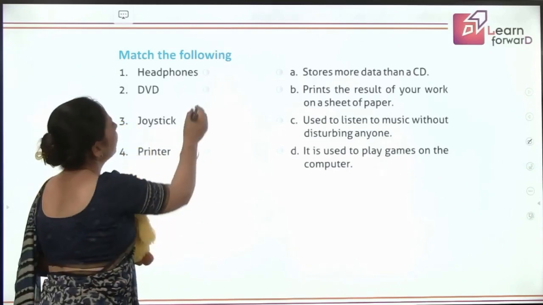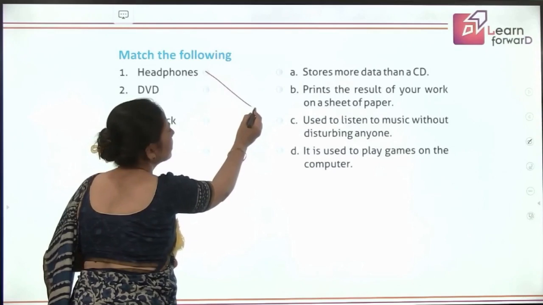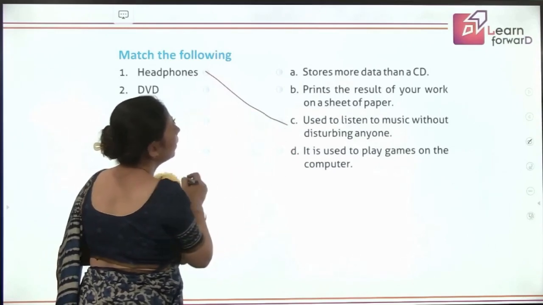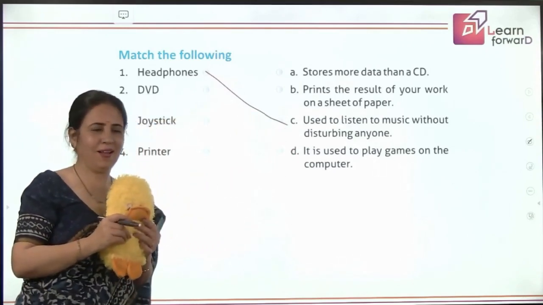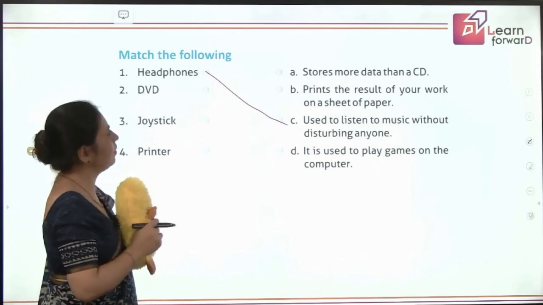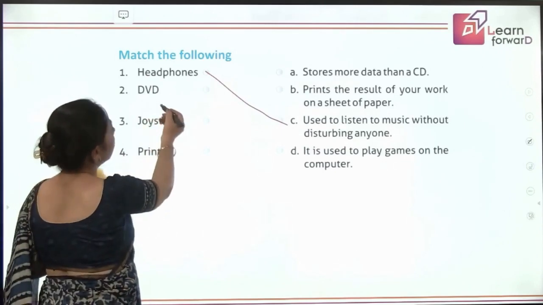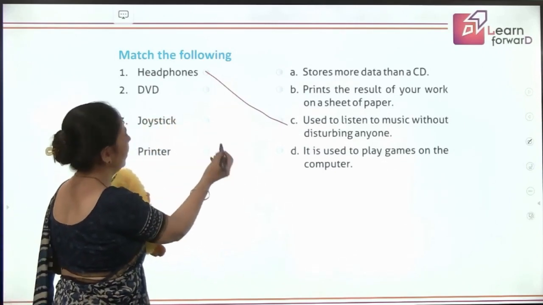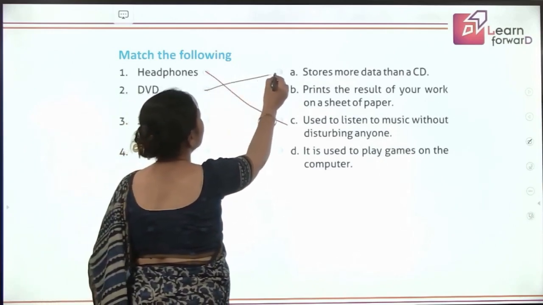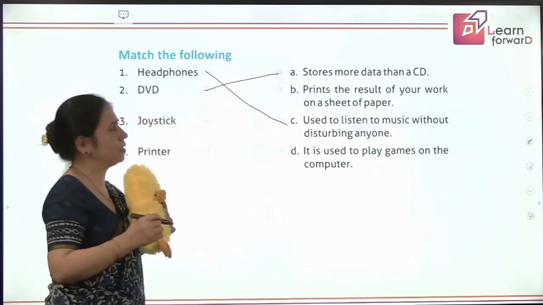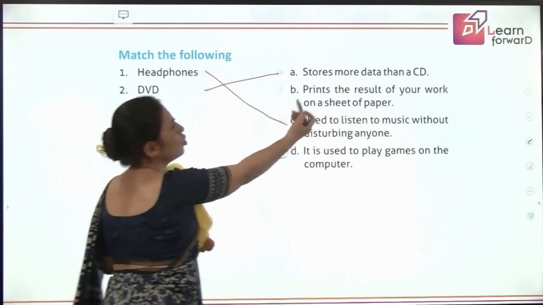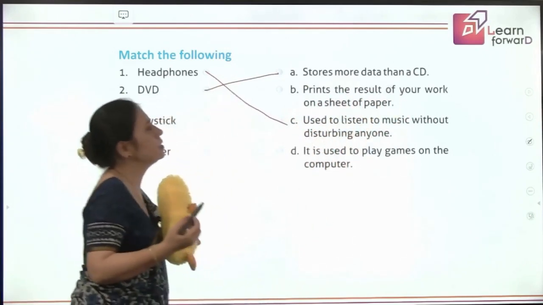Correct. Headphones are used to listen to the music without disturbing anyone. And what is DVD? Yes, correct. First option, you said rightly, A option matches with it. DVD stores more data than a CD.